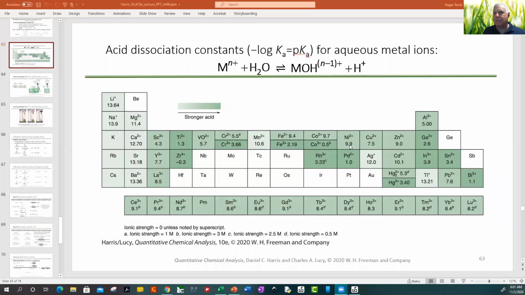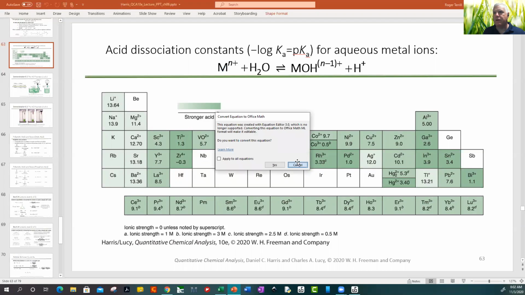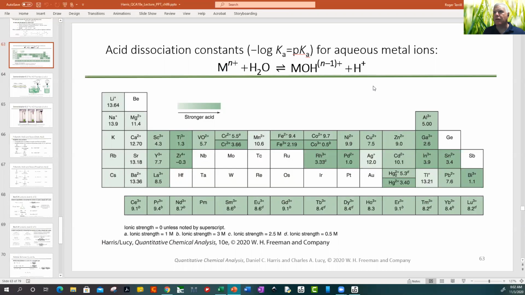Nickel is 10 to the minus 10, so the product of these ions divided by that ion will be 10 to the minus 10. Does that make sense to everybody? It was a revelation to me.